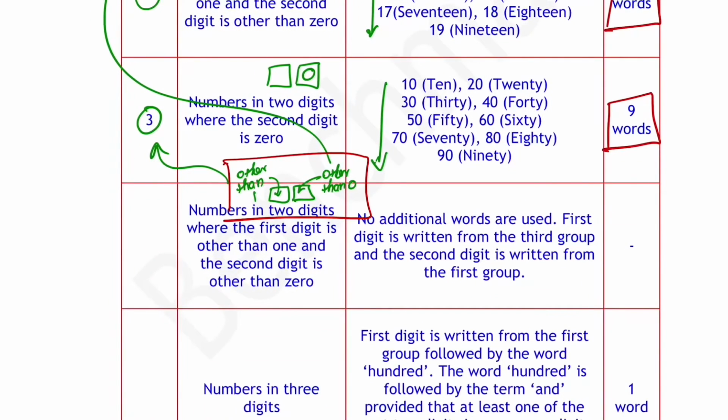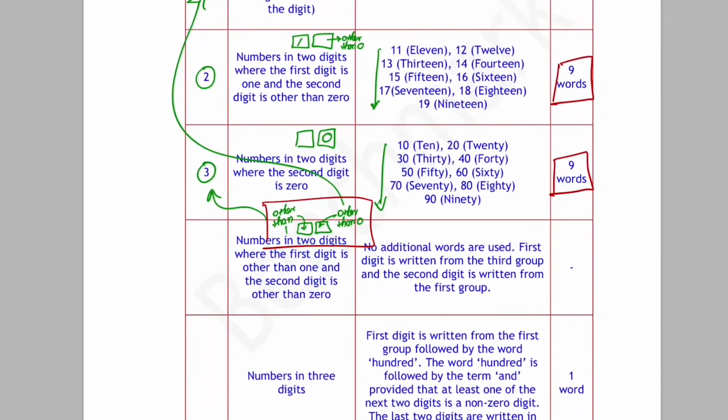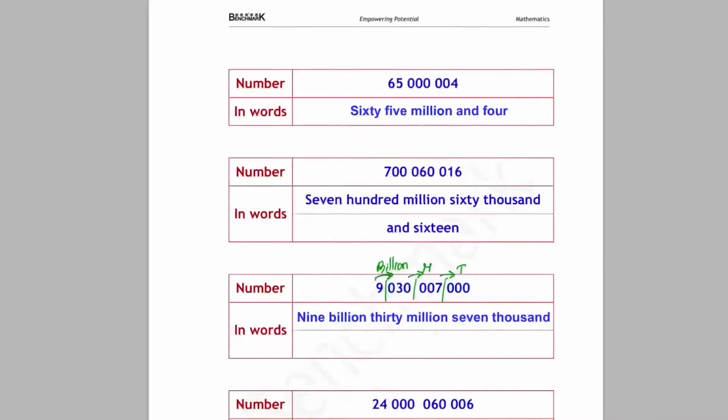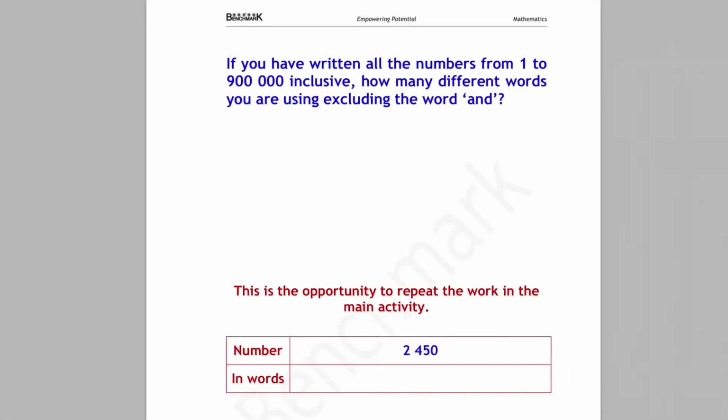Thereafter we have 3 digit numbers, and in a 3 digit number we need to use only one additional word, which is 100. So we have altogether 28 words so far. Using those 28 words, we can go up to 999. Now after 999, the next one is 1000.